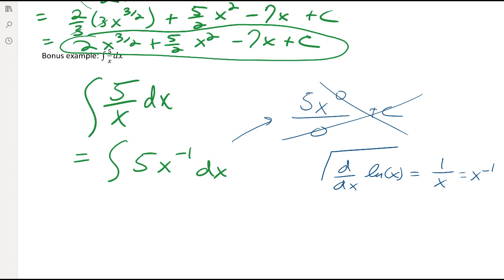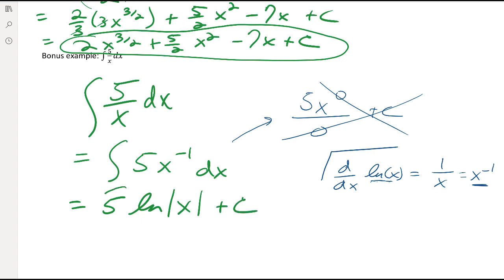Okay? So remember what antiderivatives are. We already know we're dealing with x to the -1. We're saying what function has the derivative that gives us x to the -1? It's the natural log. For that reason, the integral of 5x to the -1 dx is 5 natural log of the absolute value of x plus c.